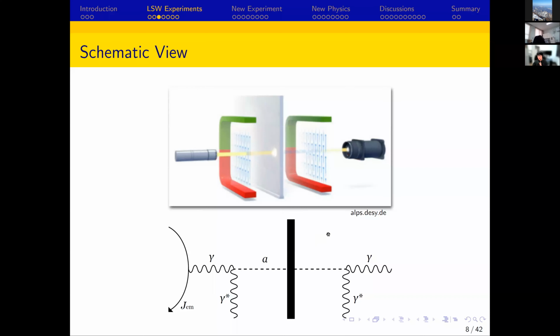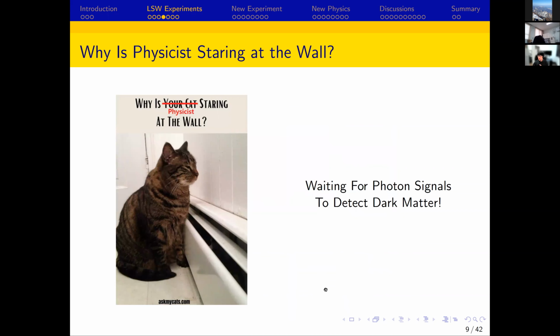By locating a photon detector on the right side, we might detect this signal. This procedure can also be described by this Feynman diagram. So simply speaking, physicists are staring at the wall, waiting for a photon signal to detect dark matter.